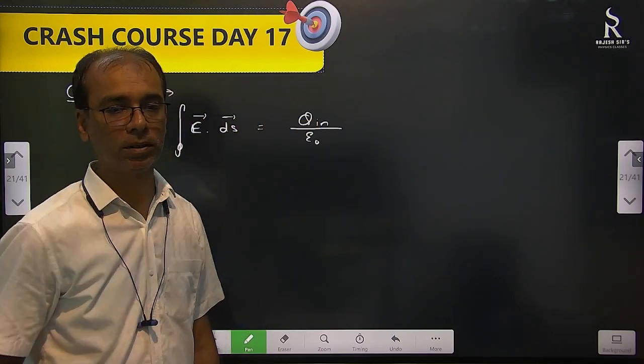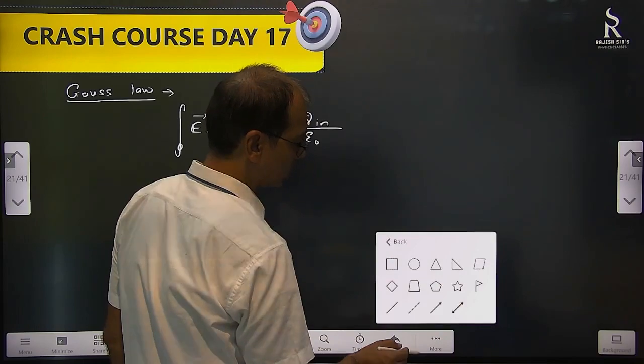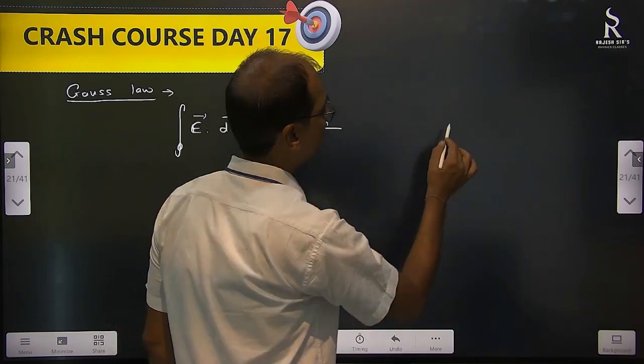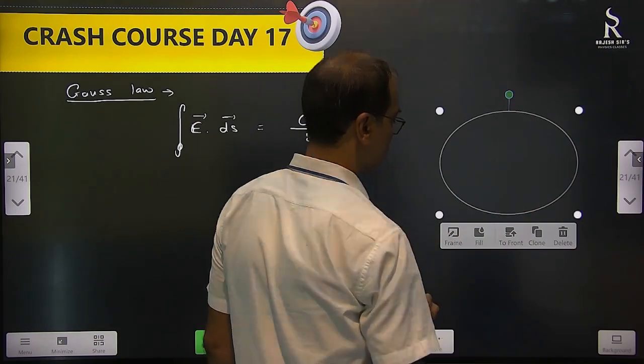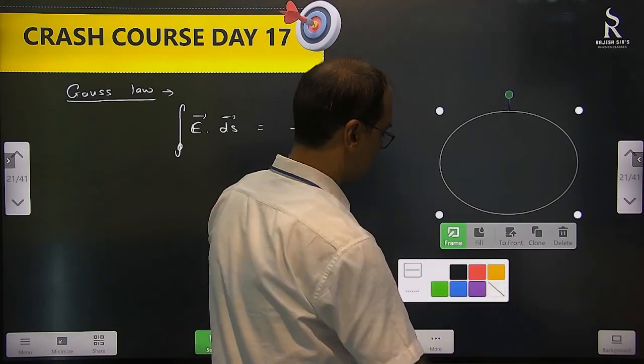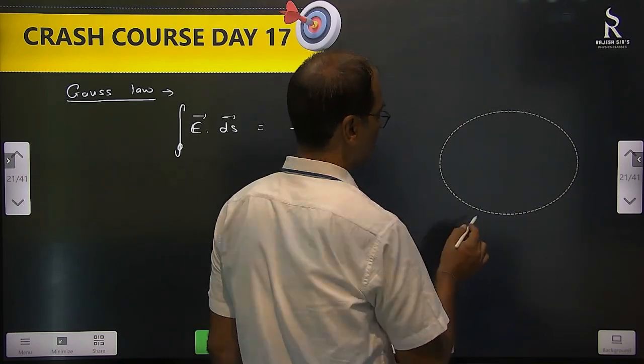Remember that always. Okay, suppose this is the Gaussian surface, if I make a Gaussian surface here, and I frame it like this.